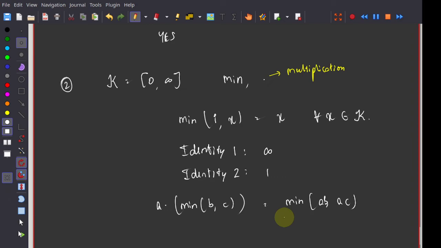Yes. It is distributive. Okay. So this indeed forms a semiring. This is sometimes also called the min sum semiring.